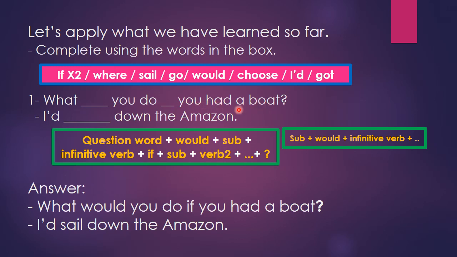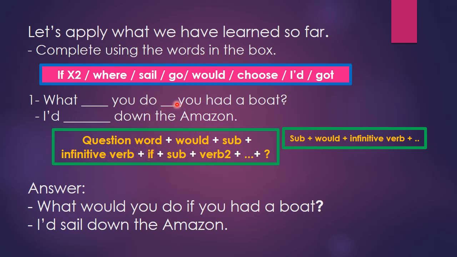Okay, so at first let's answer question one. Based on the form, there's a question word, here it is, what. After the question word comes would, so I have to look for would. Here it is, so I write it down, would. Then comes the subject. Here I have you. After the subject comes the infinitive verb, which is do. After the infinitive verb comes if.